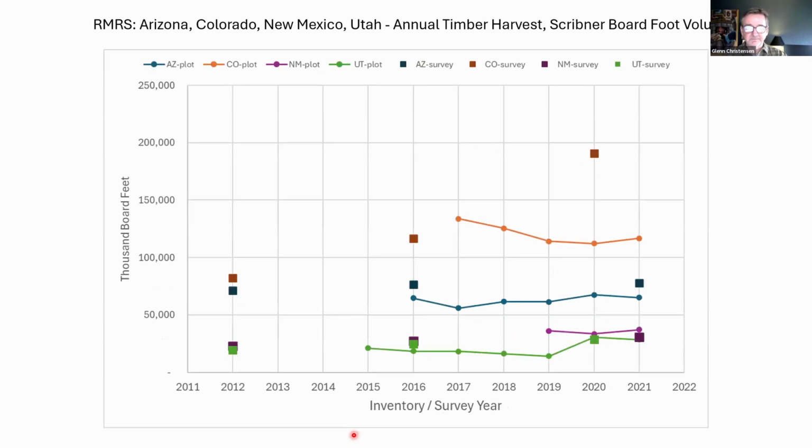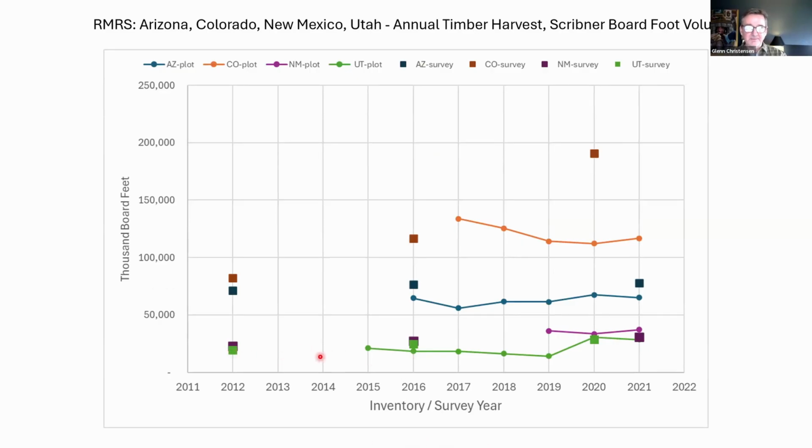And then the other slide here is looking at some of the states in the Rocky Mountains where you don't have the tax-based estimates of removals available. This is using the mill survey estimates of removals. I'll walk through it real quick.